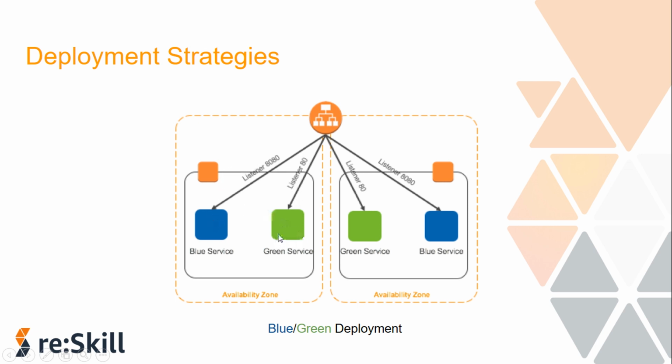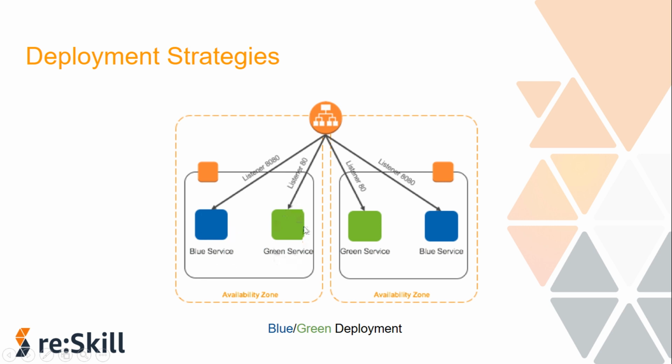Okay, I hope you have understood this. Blue one is running the current application version, green is running the environment with the changes. Once this has been tested, a small chunk of traffic will be redirected to the green service, and once the testing is done, the entire traffic will be shifted to the green service and it will become the new blue service, and the old blue service will be deprecated, it will be deleted.